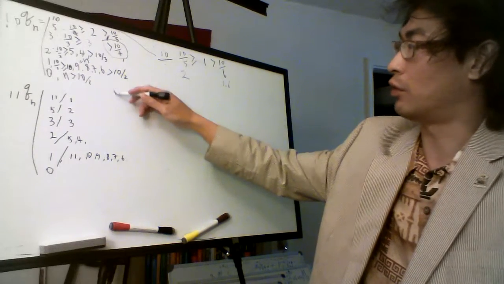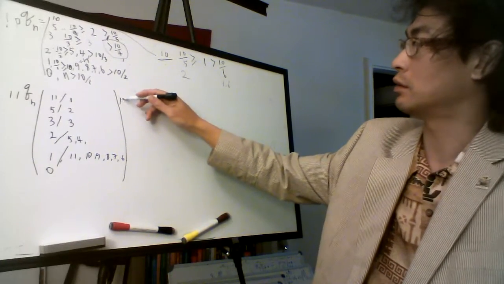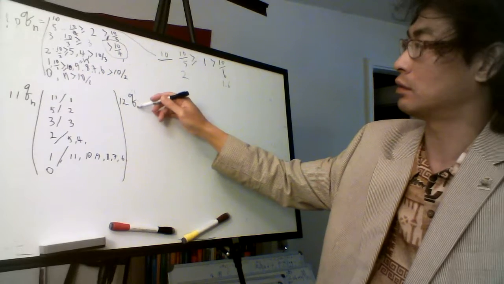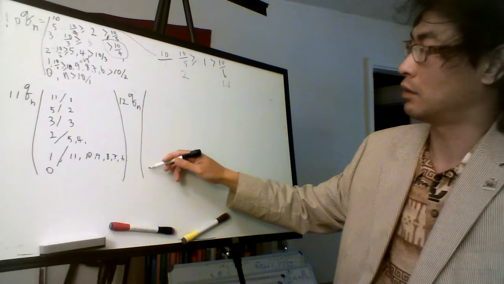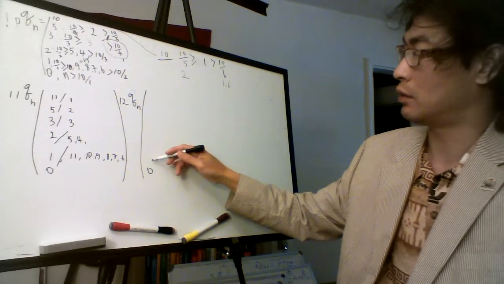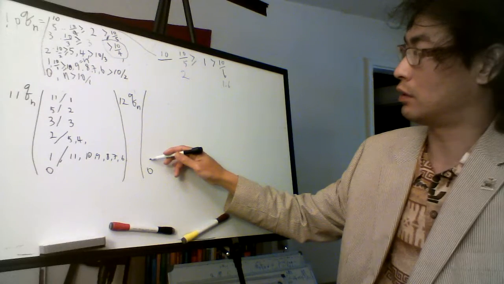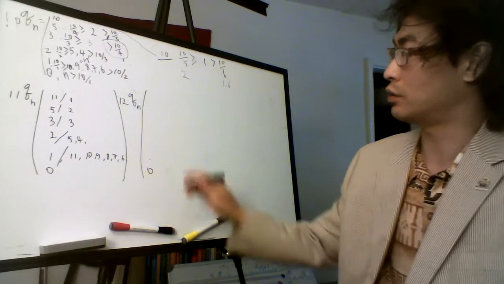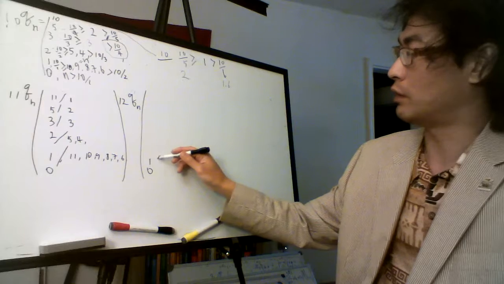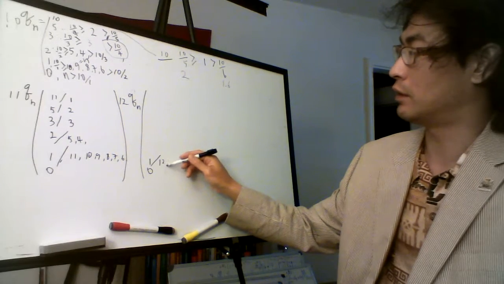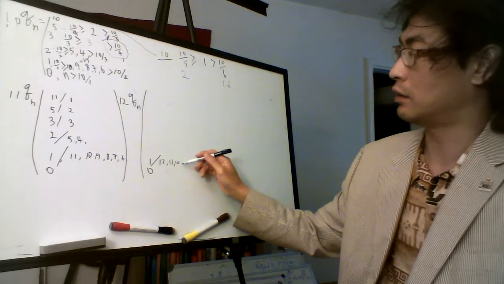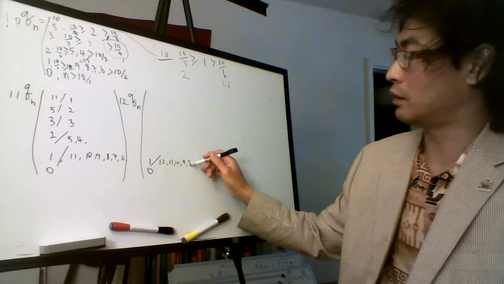Let's just do one more. Quotient is 1 when we're dividing by 12, 11, 10, 9, 8, 7.